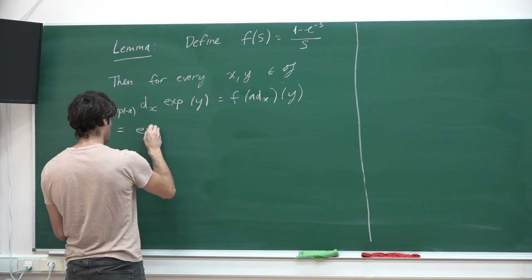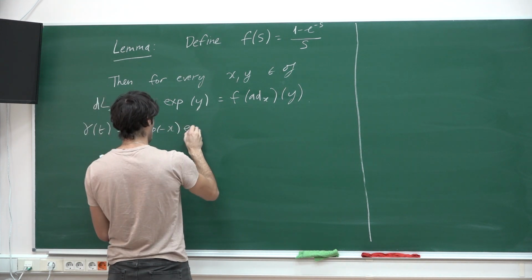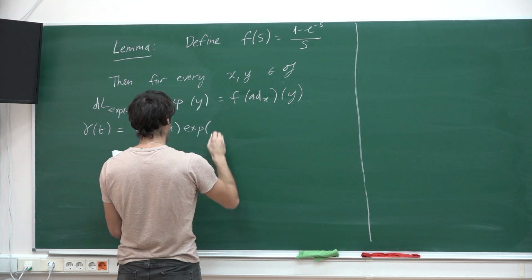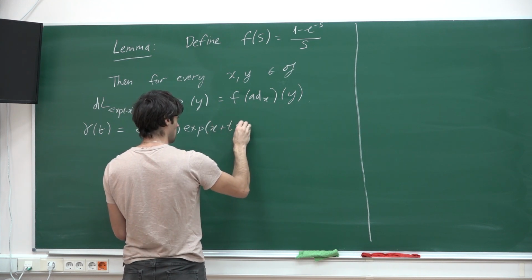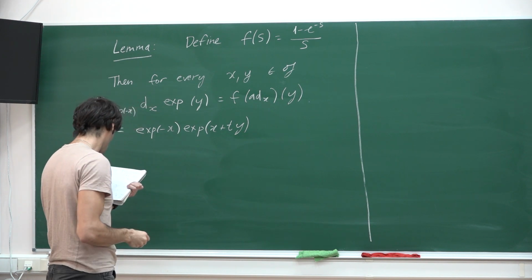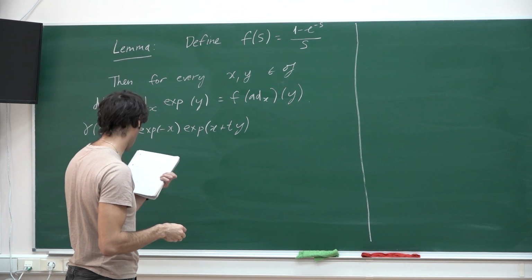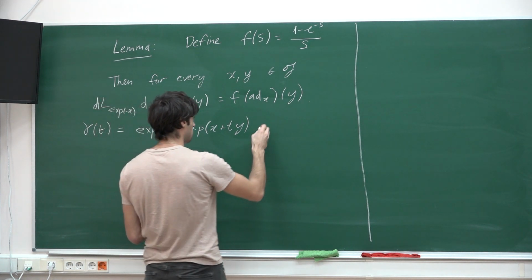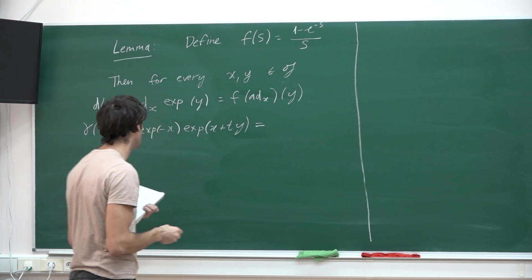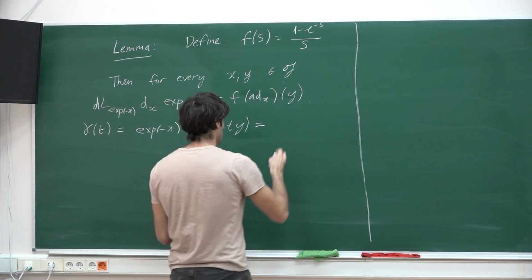So I will need negative exp x times exp of x plus ty. So let me consider this, and the trick is to rewrite it as follows.